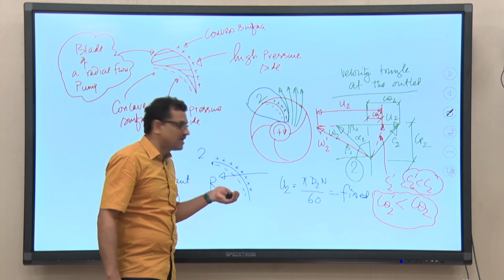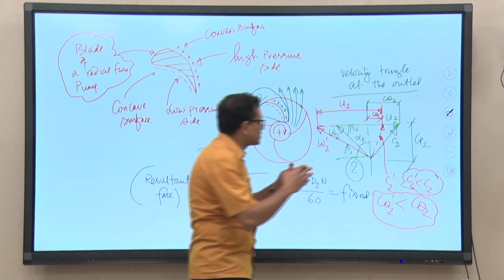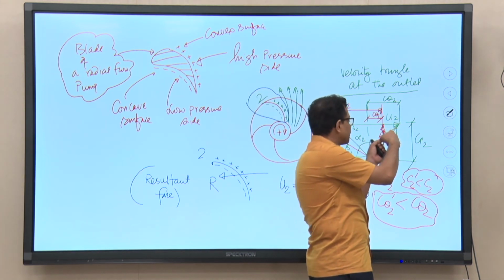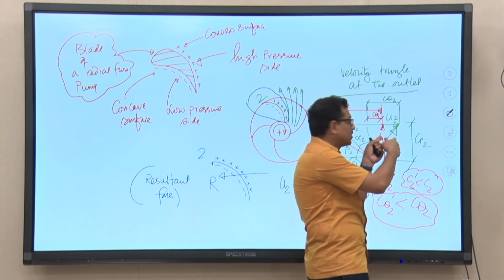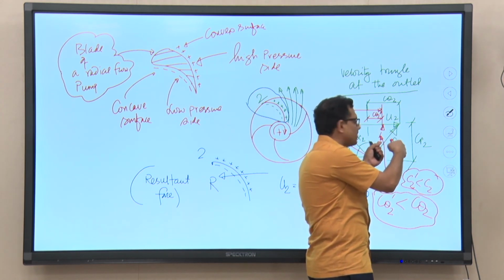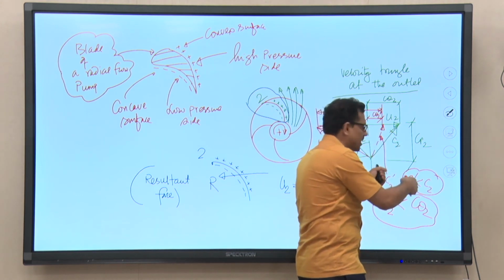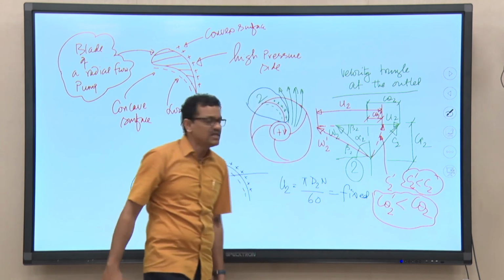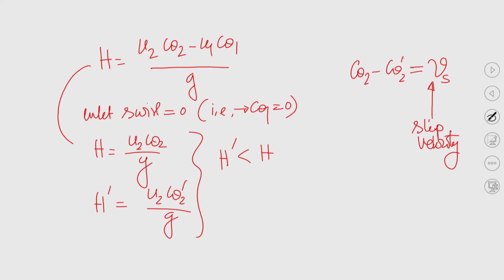If we look at here, the resultant force is allowing liquid to slip, as a result of which, though the liquid is supposed to leave the pump impeller with an absolute velocity C2, it is now leaving with C2 prime, which is less than C2, and as if there is a slip of this velocity, and that slip is C theta 2 minus C theta 2 prime.